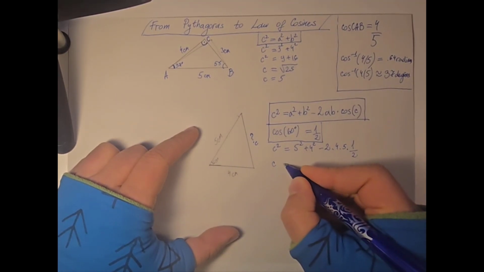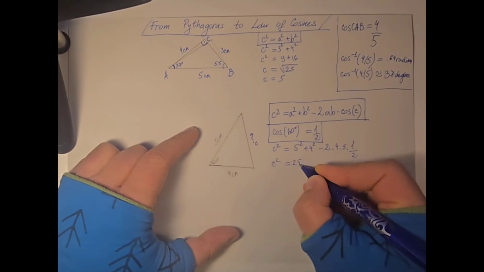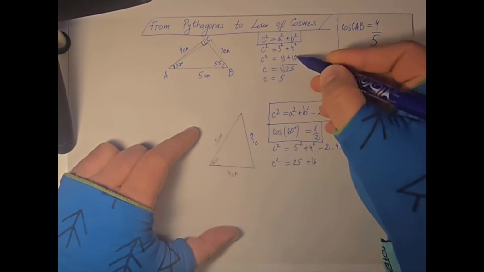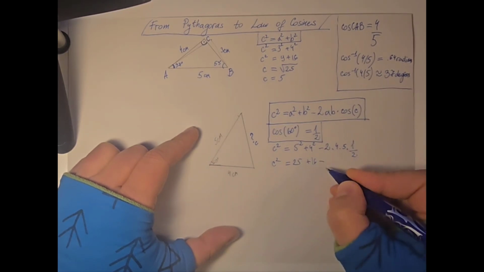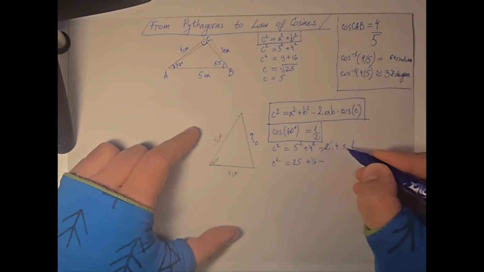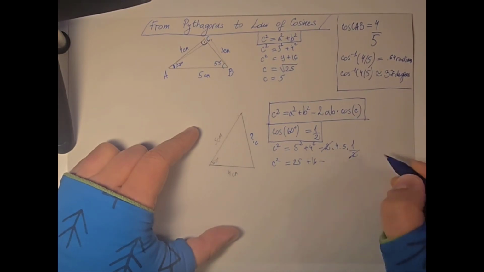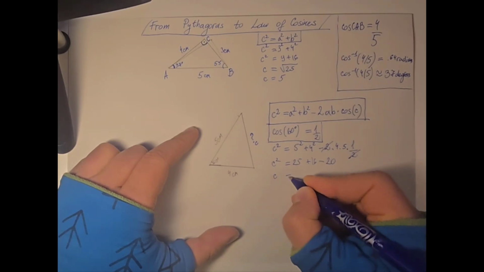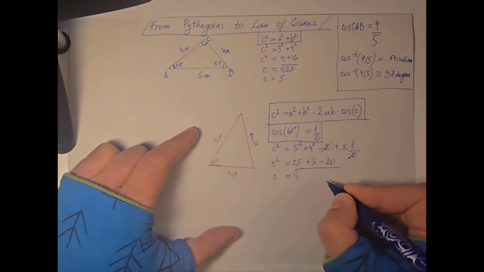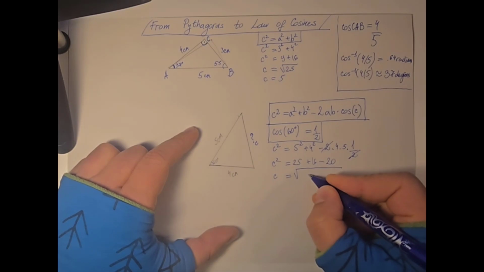So C squared is equal to 25 plus 16. So far we are here. Almost. Minus these twos, they're going to be removed. Minus 20.